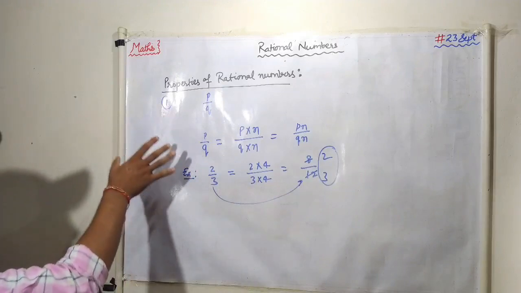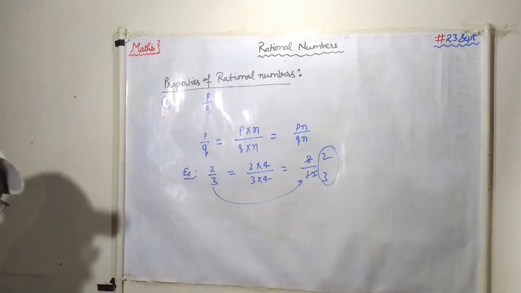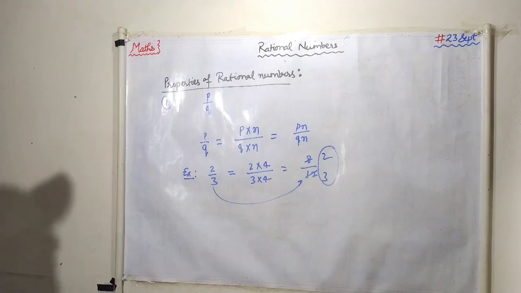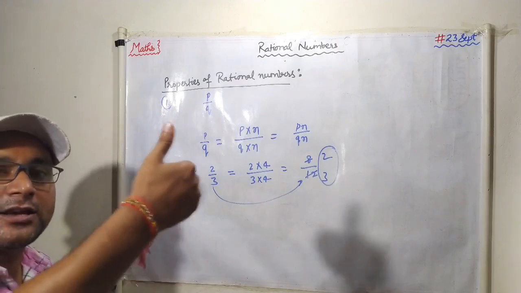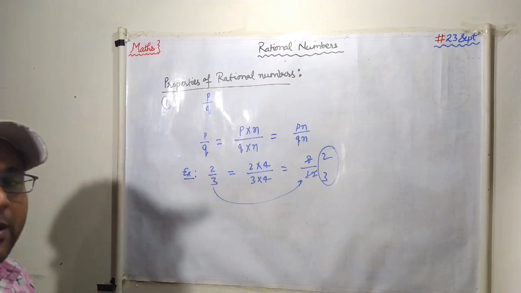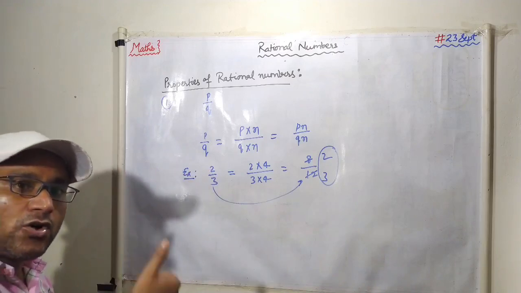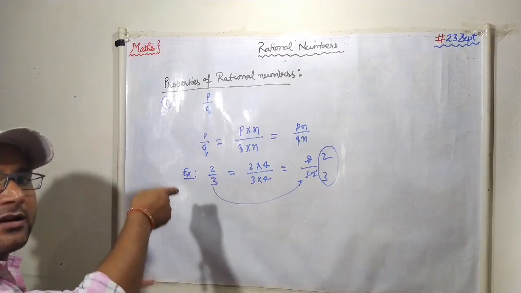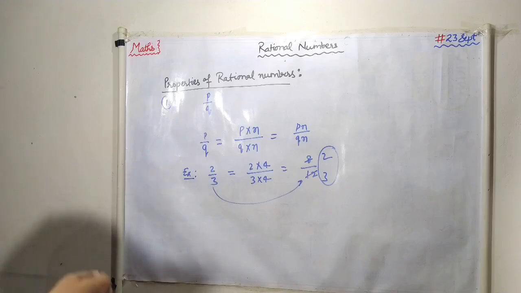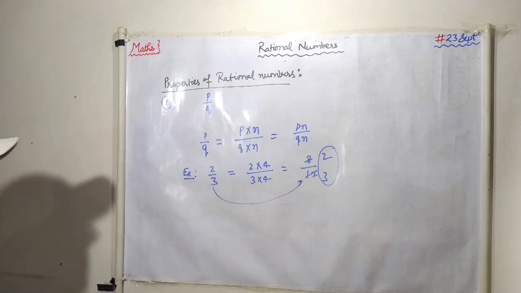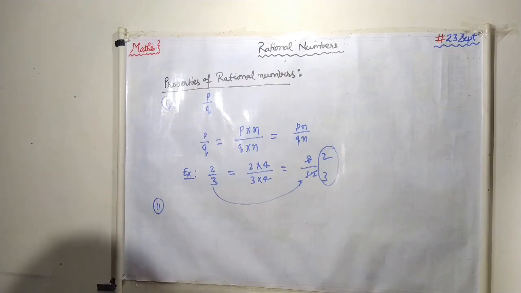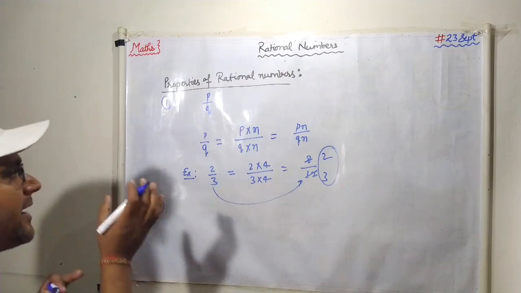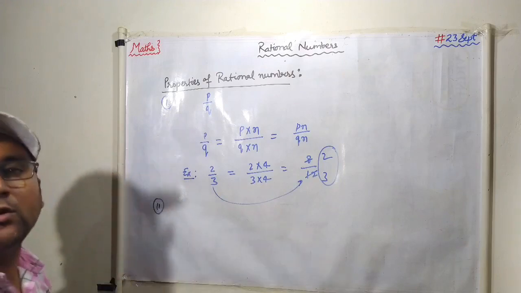This property is very helpful for finding an equivalent rational number by multiplying any non-zero integer in the numerator and denominator. Now the second one, which is given in your book. You can use your book and write this property briefly in your copy.